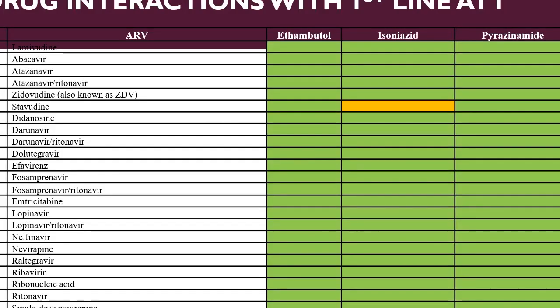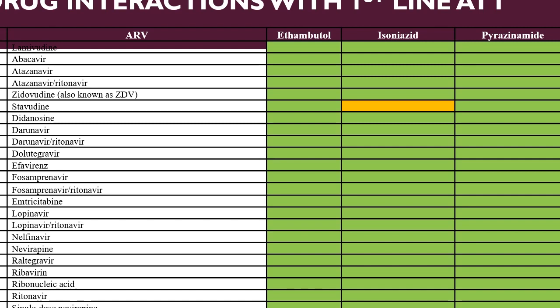This is the chart which shows the drug interaction between the ATT and the ART, and you can very well appreciate that the anti-TB drugs ethambutol, isoniazid, and pyrazinamide can be taken safely with most of the antiretroviral drugs, but it is rifampicin, the most potent anti-TB drug used for the first line treatment, that needs to be used with caution.